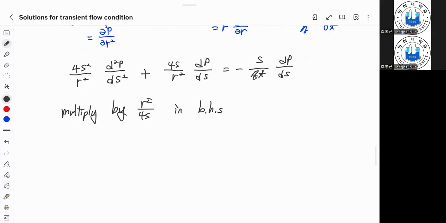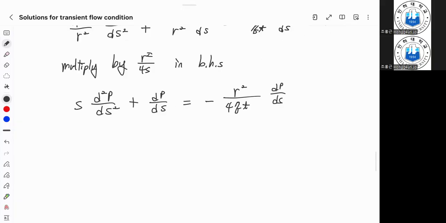Then what will we get? s d2P ds2 plus dP ds plus dP ds, and on the right hand side there will be minus r squared over 4 eta t times dP ds, and also recall that s is defined as r squared over 4 eta t, so this becomes s.